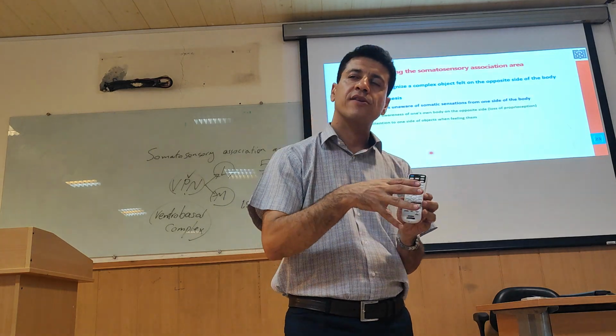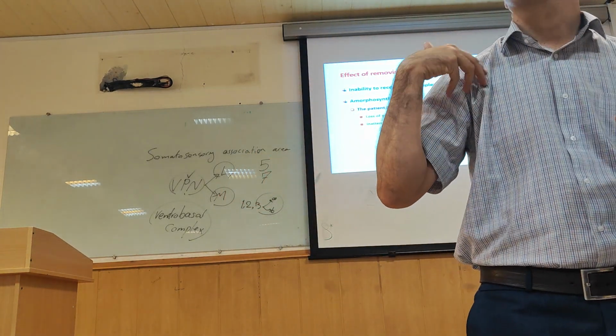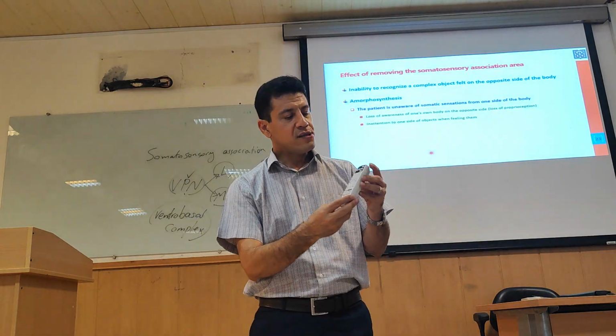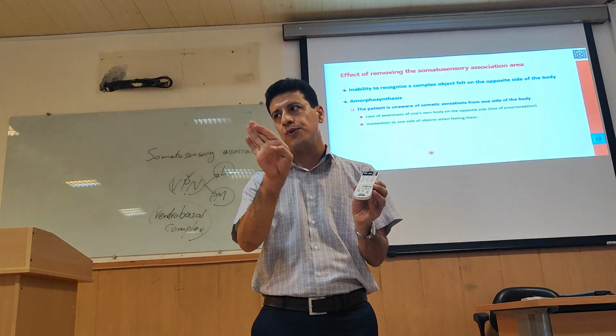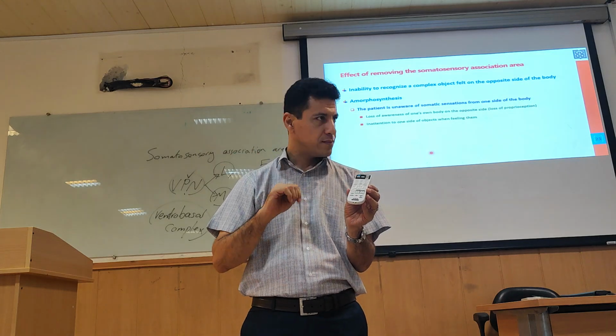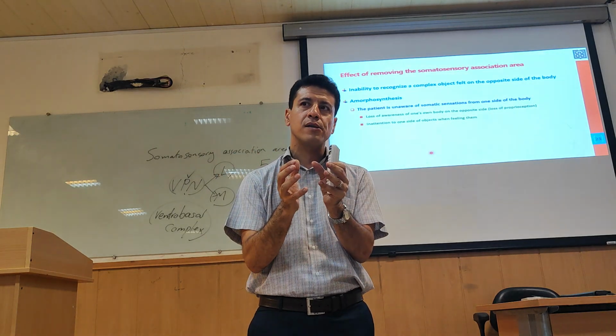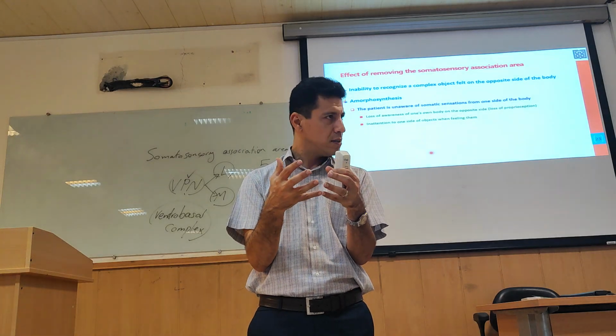Basic features are extracted in the primary somatosensory area. Then these basic features go to the association area, Brodmann areas 5 and 7. Here, these components are merged together.